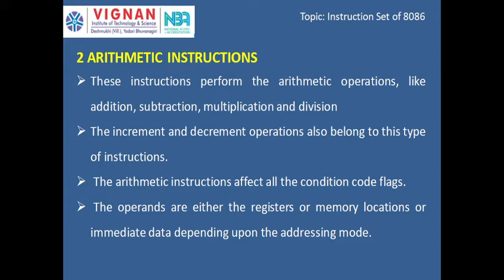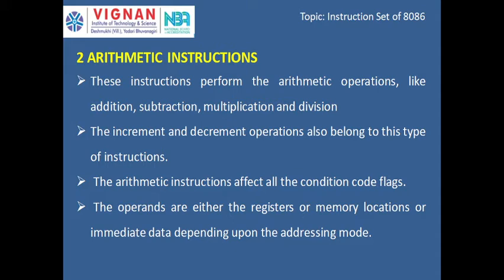The name itself implies that these instructions perform arithmetic operations like addition, subtraction, multiplication, and division, and also the increment and decrement operations. All these arithmetic instructions affect the conditional code flags.